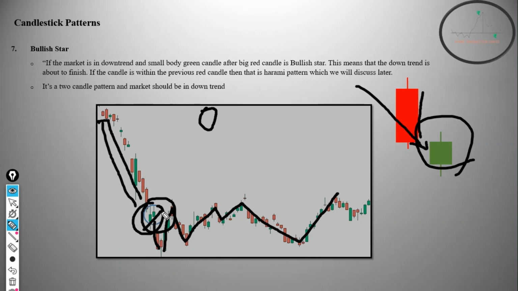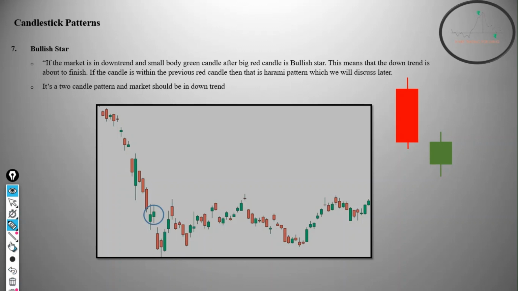Or if I want to take a trade in this security and it is going down, this is the place wherein I'll try to take a trade, or I'll wait for the confirmation and then I'll take a trade. Done. So let's move to the next candle.